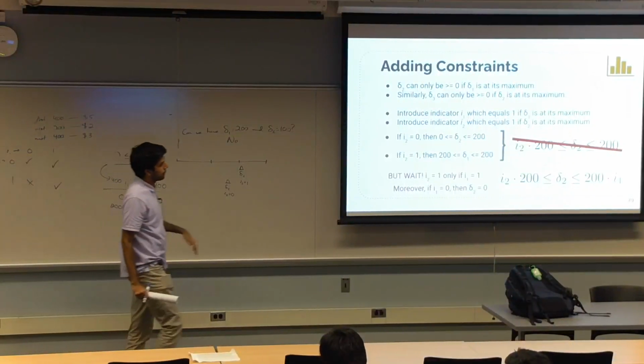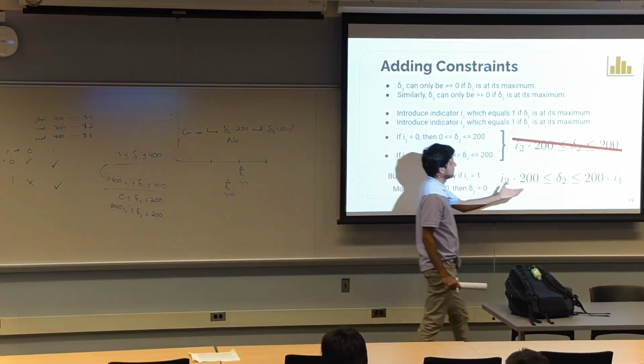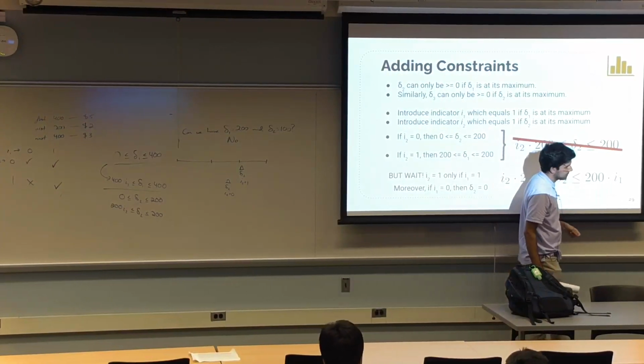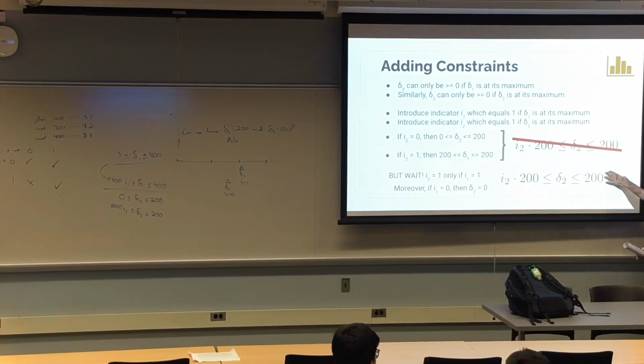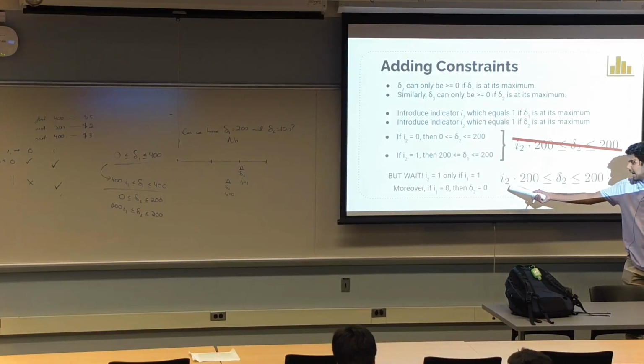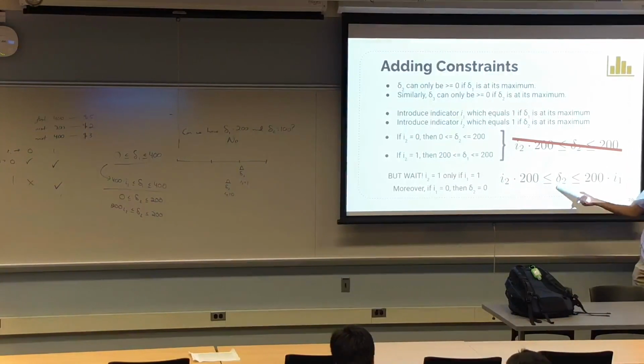So we will upper bound delta 2 by 200 times I1, because if I1 is 0, then this upper bound will go to 0. And then, for I2, if it's 0, that only allows for one value of delta 2. If it's 1, then delta 2 can't take on any values. So that's handling that.